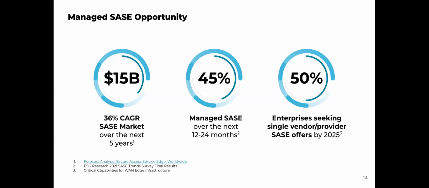While the SASE market presents a massive TAM, we believe that for SASE to succeed, it is imperative to have a managed service provider that seamlessly offers SASE to enterprises that they can consume. And this belief is supported by numerous analyst reports, as you can see here on the slide, which indicate that managed SASE will account for over 45% of overall SASE TAM.